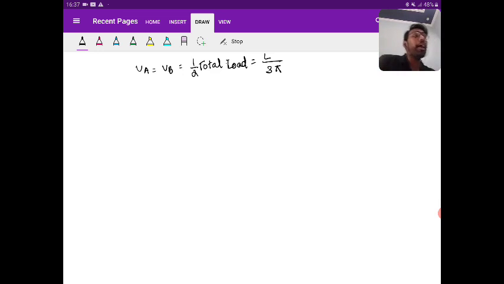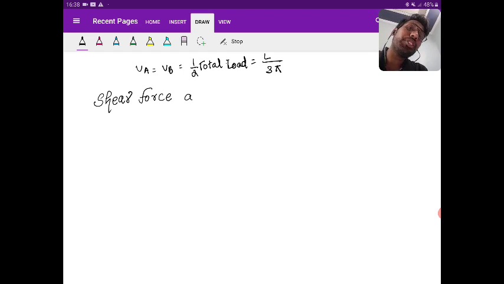So now our basics are clear. Now we can move to the next part, that is what is shear force and what is bending moment.